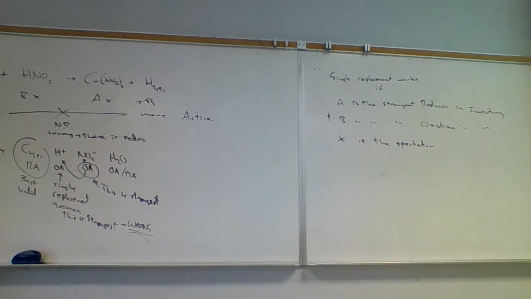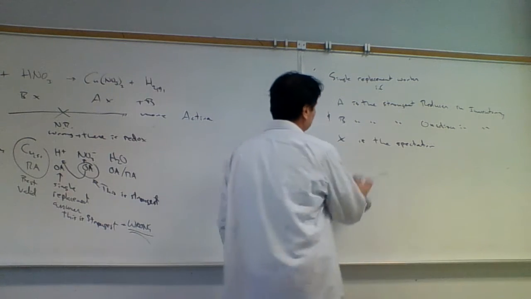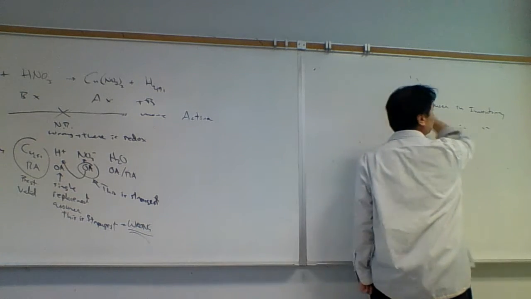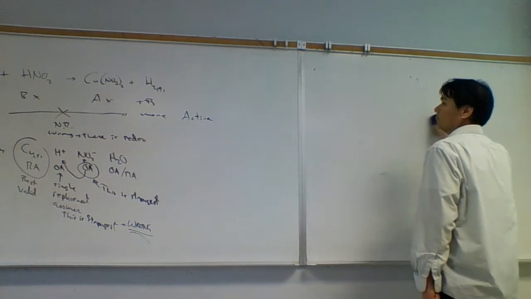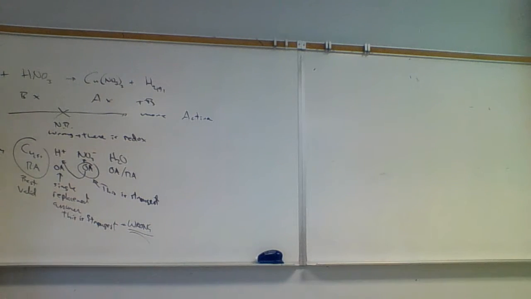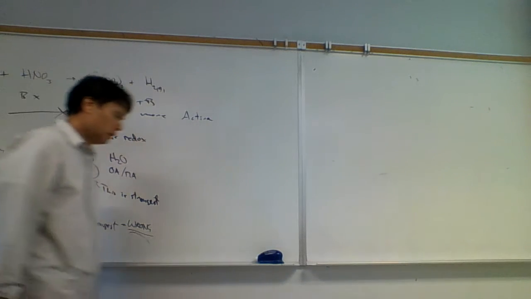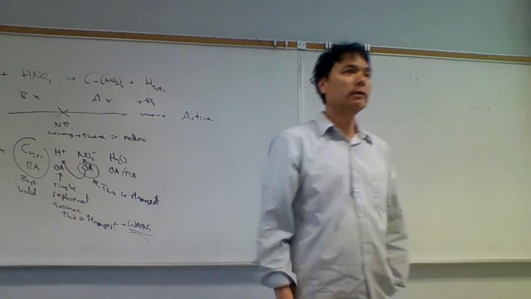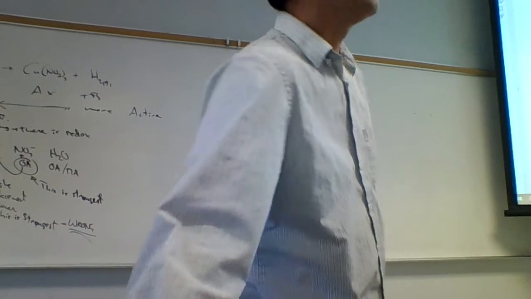There's a reaction that occurs, another reaction that occurs, another potential reaction. Okay, so this is failure 1 for single replacement. Fail. Here's another one where single replacement fails. Another one that single replacement fails is going to be this.